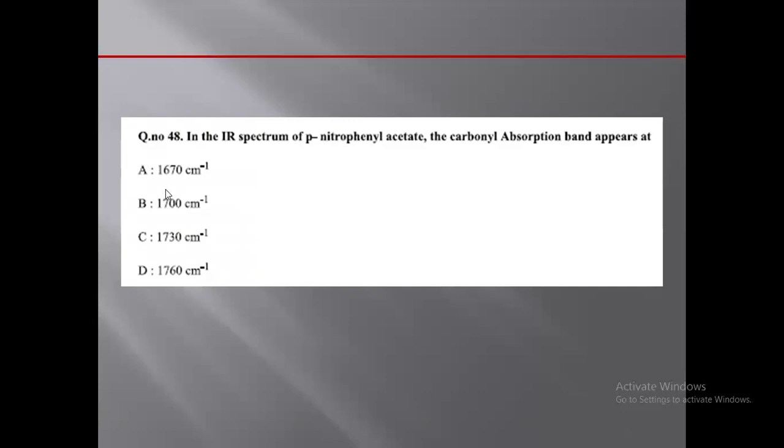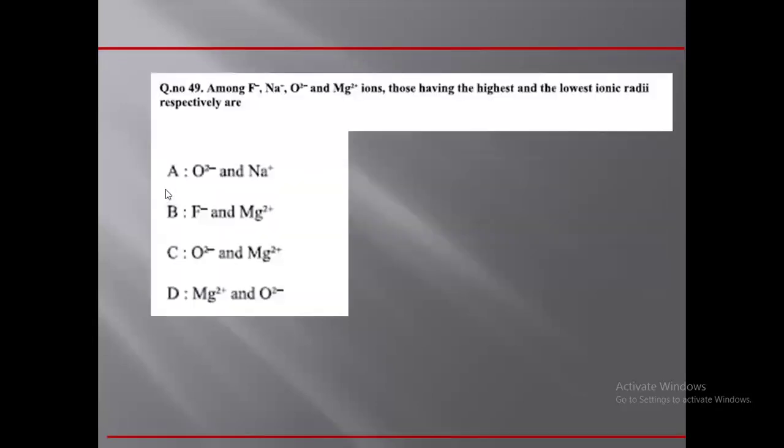If the carbonyl carbon density decreases, the IR frequency will increase. So option number C, sorry, option number D is the correct one: 1716.